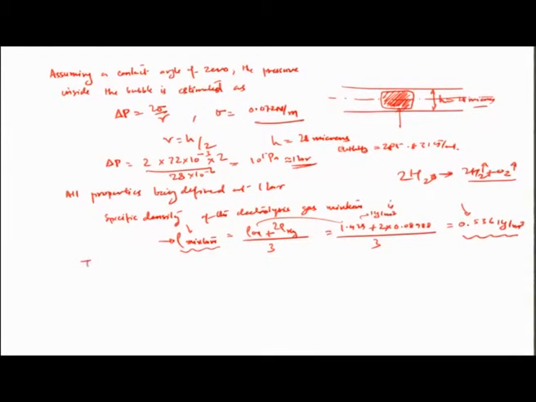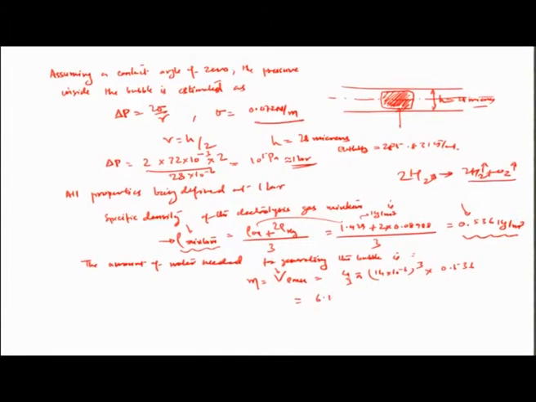So, the amount of water that is needed for generating the bubble is V rho mix, V being the volume, 4 by 3 pi r cube, with the radius being 14 microns, 14 times 10 to the power of minus 3 whole cube, okay, times the rho mix, which has been calculated as 0.536 kg per meter cube, and this comes out to 6.2127 times 10 to the power of minus 15 kgs.